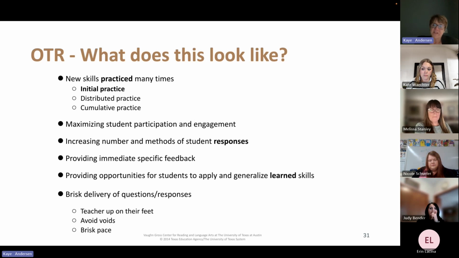What does opportunities to respond look like? New skills practiced many times, especially during initial practice, especially when they're in the acquisition level and they're learning it. Then we're going to move to give them distributed practice and cumulative practice over time. It's going to increase student participation and engagement.